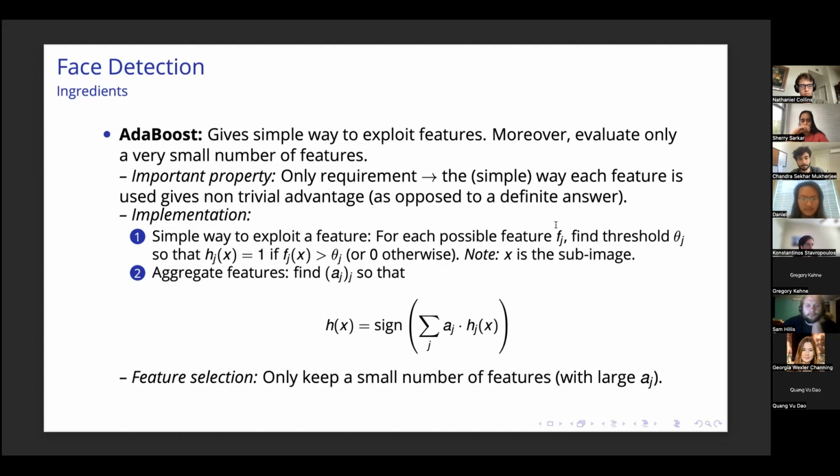So we really need just a small advantage over saying randomly, yeah, this is a face, or this is not a face.